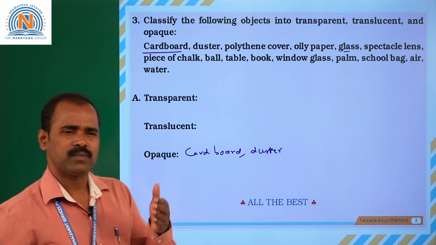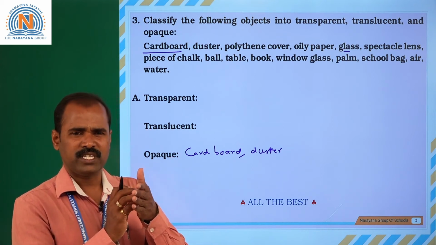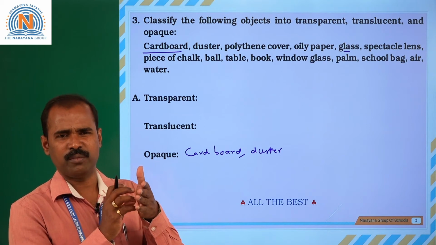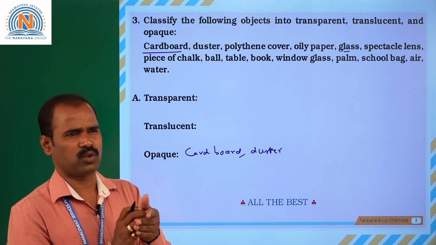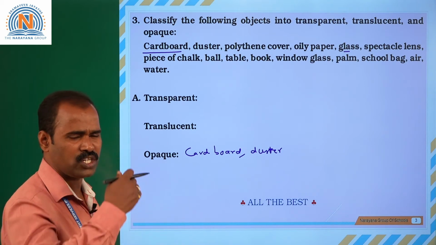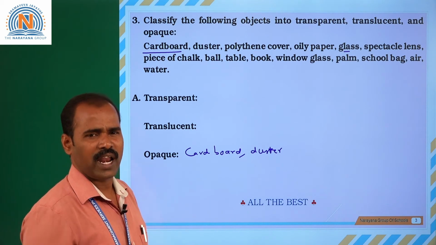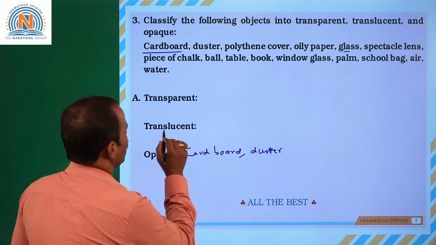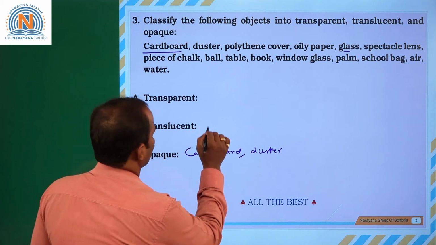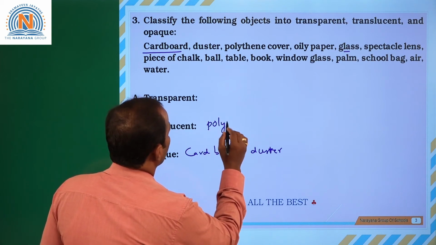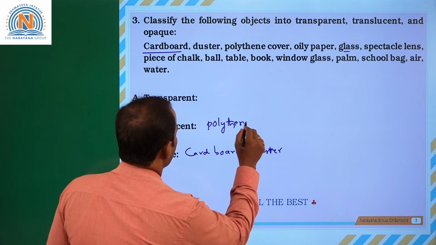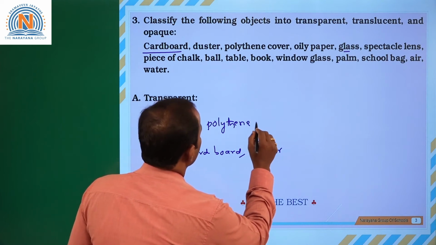We can see the objects as a blurred image through polythene cover, so it acts as a translucent, partial transmission of light passing through it. That's why it comes under translucent.